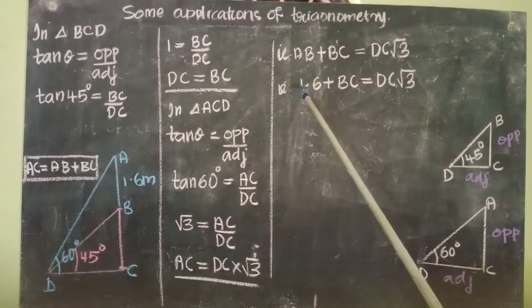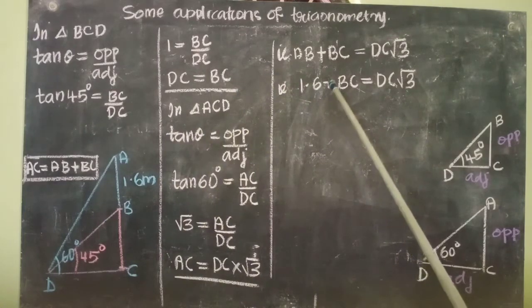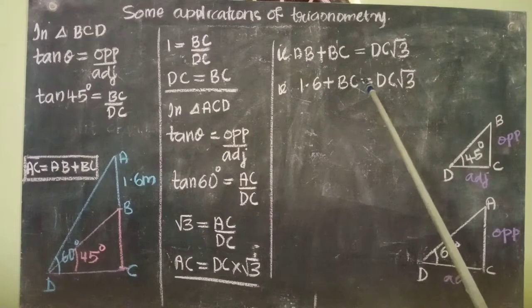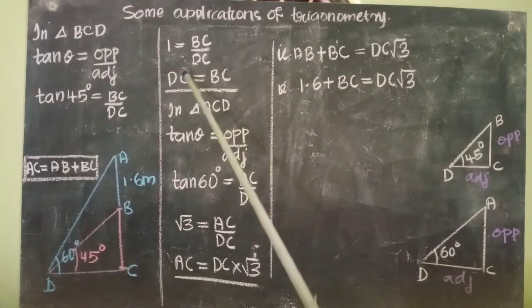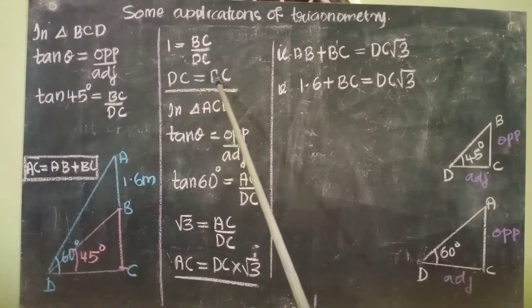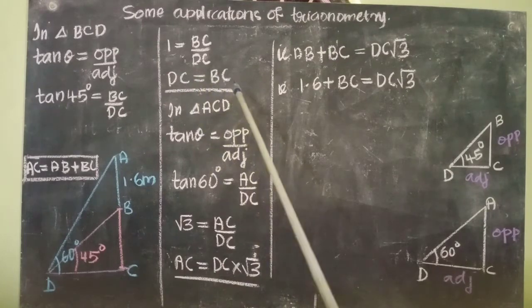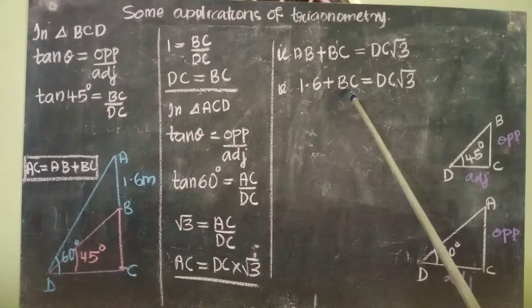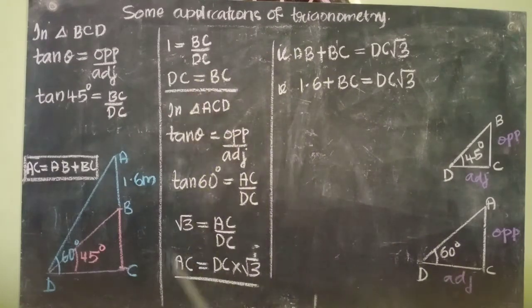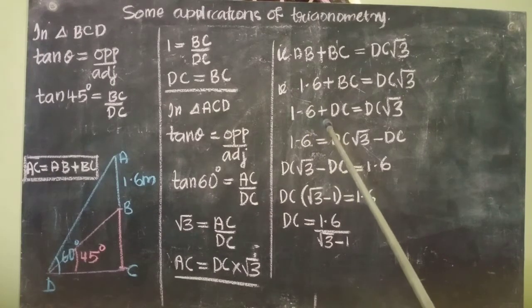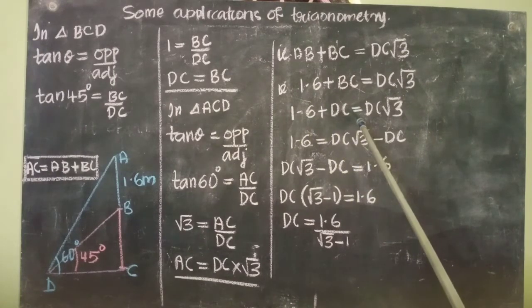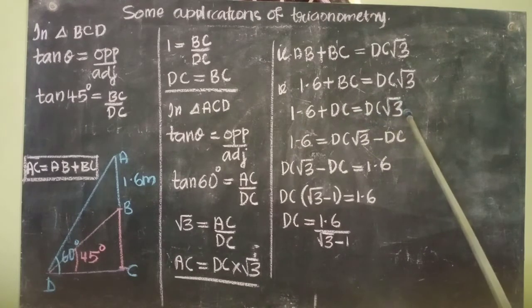So we can write 1.6 plus BC equal to DC root 3. Now here we have proved DC equal to BC. So this BC we can replace by DC. That is 1.6 plus DC equal to DC root 3.